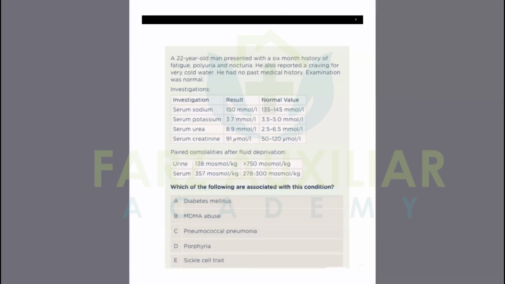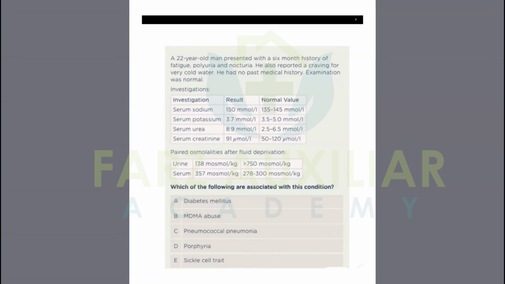Okay, so now the question is very important. One of you can just read it out, then you can make it. You can read it if you are free. Which of the following are associated with the condition? Can anyone read it, Doctor?